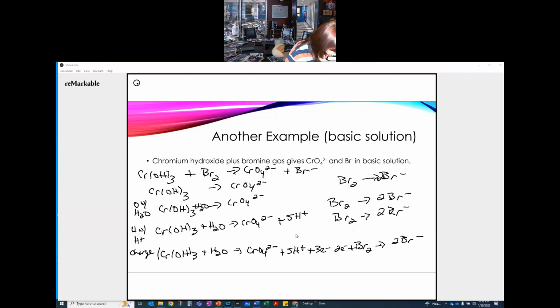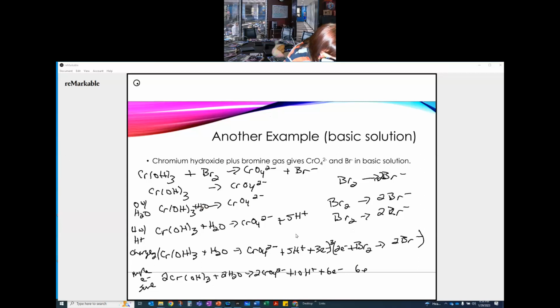So we're going to make the electrons the same. I'm going to multiply these reactions, one of them by 2, the other one by 3. So when I multiply, I have 2Cr(OH)3 plus 2H2O gives 2CrO4 2 minus plus 10H plus 6e minus.